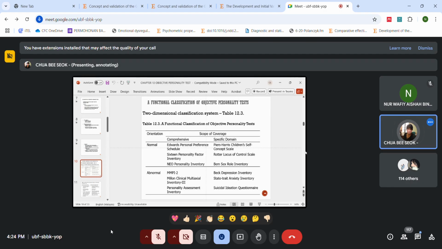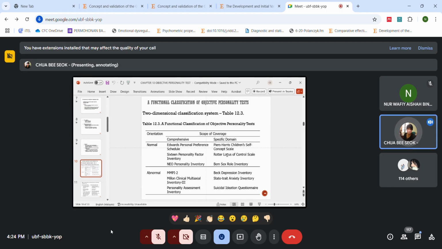So for normal personality tests, the coverage can also be more narrow. That one is a specific domain, like the Piers-Harris Children's Self-Concept Scale. For this instrument, they only measure one domain, that is self-concept.